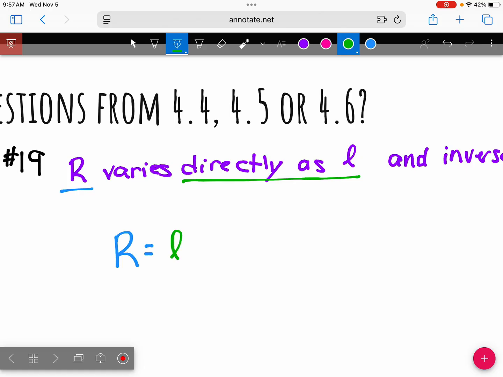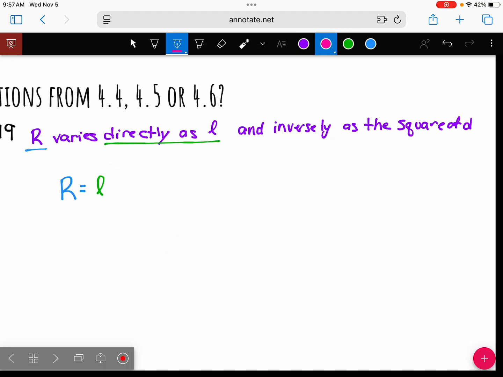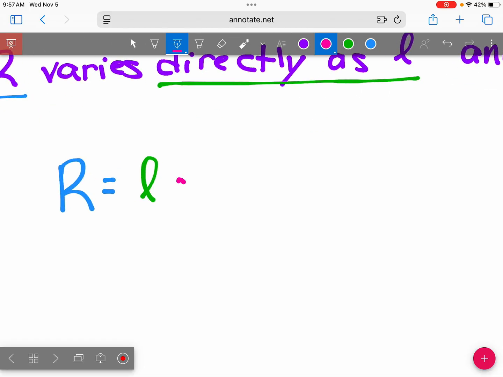We're going to have L just be directly across the equal sign. If we are inversely with the square of D, what does that mean for it to be inverse? 1 over the square of D. So D squared.